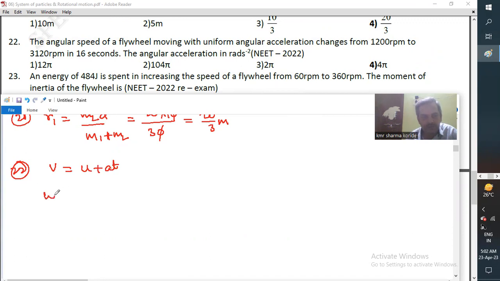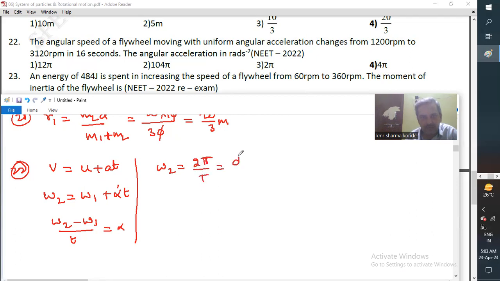The similar equation in rotational motion is final angular velocity equals initial angular velocity plus angular acceleration times t, since tangential acceleration becomes angular acceleration. So omega 2 minus omega 1 divided by t is equal to alpha. Getting omega in terms of frequency, because revolutions per minute means frequency is given, but omega can be 2 pi by capital T.